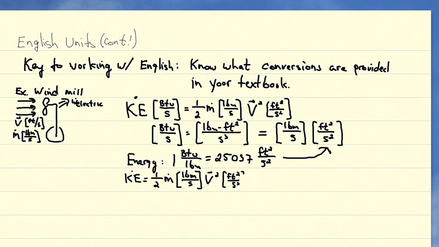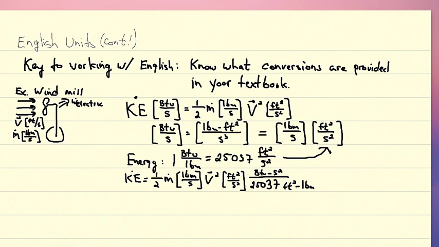And now I introduce my conversion factor, where I say that for every BTU, this is equal to 25,037 feet squared per second squared per pound mass.